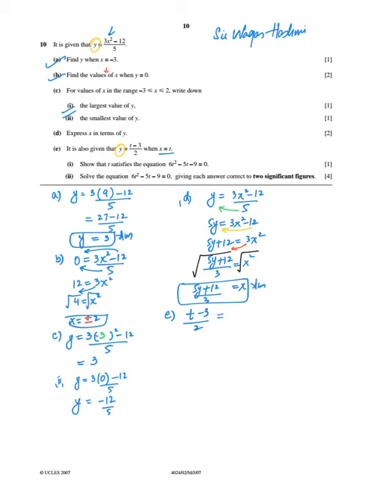So now it will be (3t square minus 12) divided by 5. Now we need to do the cross multiplication. So 5 shifts to the left side, it will be 5t minus 15 equals 2 shifts to the right side, it will be 6t square minus 12, 2s are 24, and now we need to arrange it.